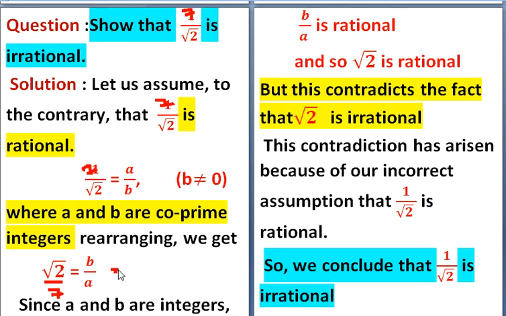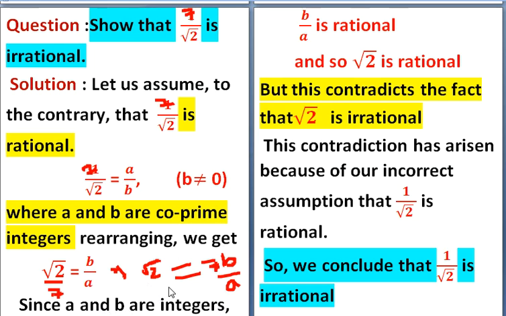Then you arrange one more line. Here root 2 will be equal to 7b by a.